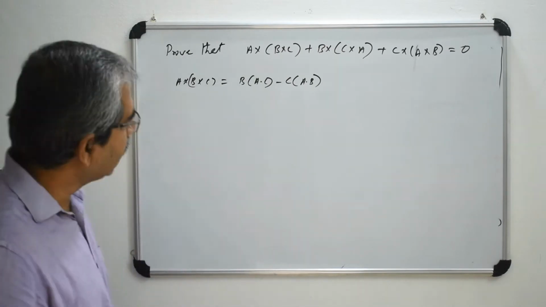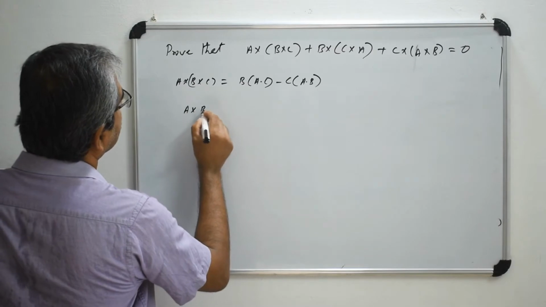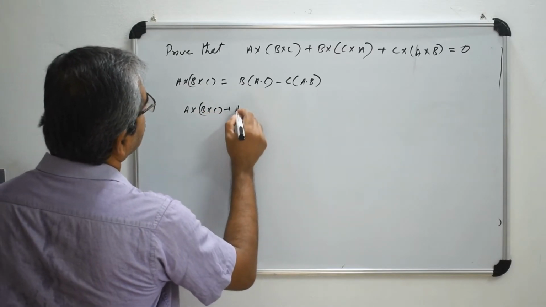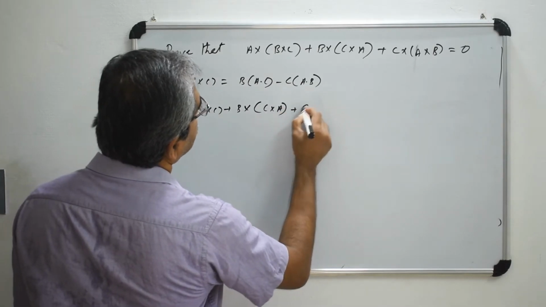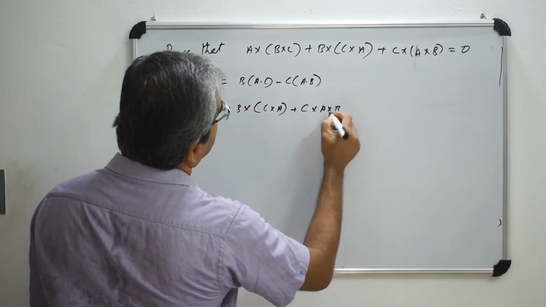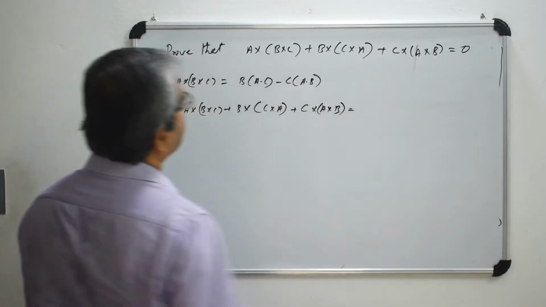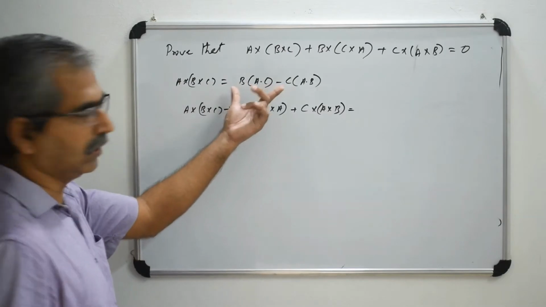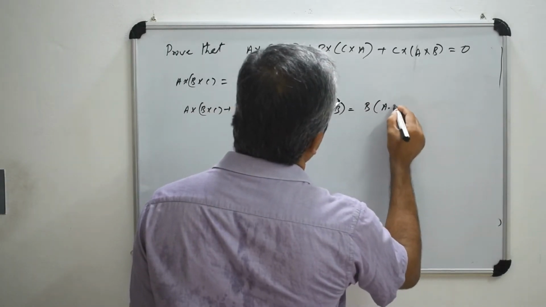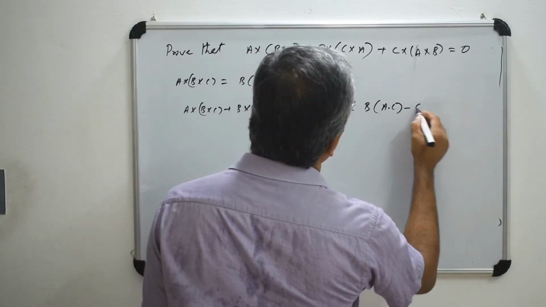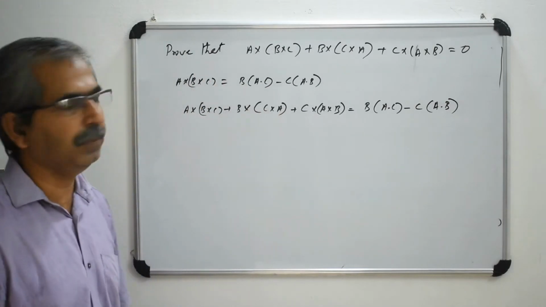Okay. So you can write this as A cross B cross C plus B cross C cross A plus C cross A cross B, that is equal to first one. First one is there, this same equation, that is B into A dot C minus C into A dot B. Okay.